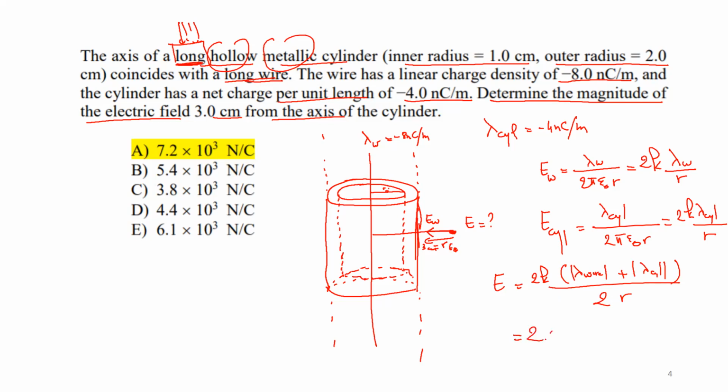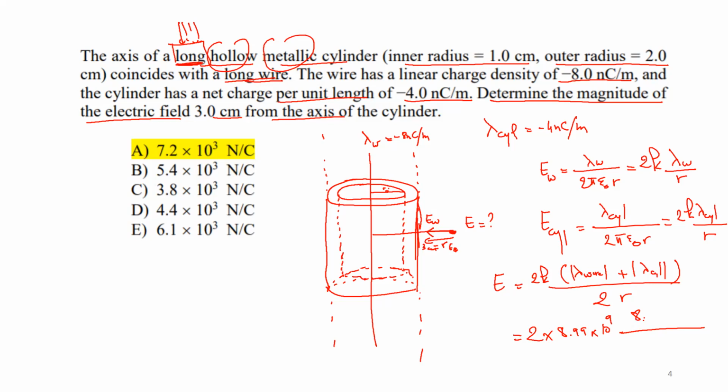So I will have 2 times 8.99 times 10 to the power 9. This is my k. What is lambda wire? I know it. Minus 8, of course, I take plus 8 because I want absolute value. I know the minus is already embedded in the direction.